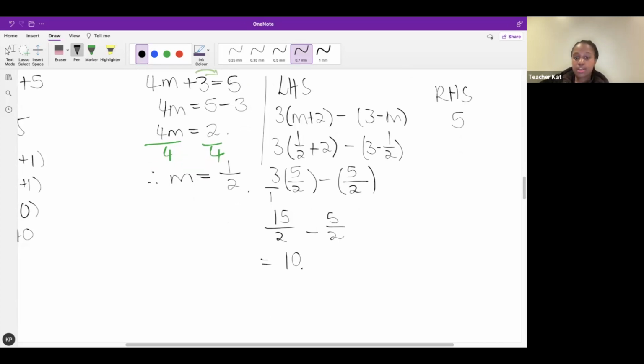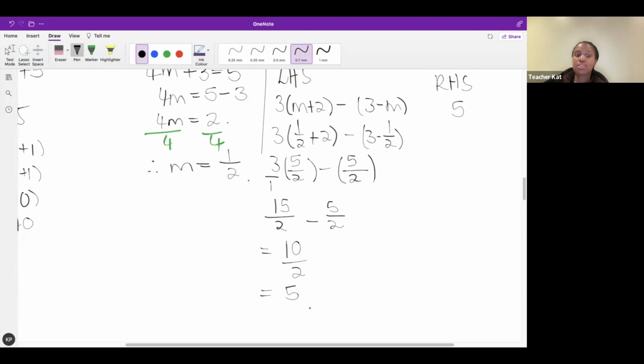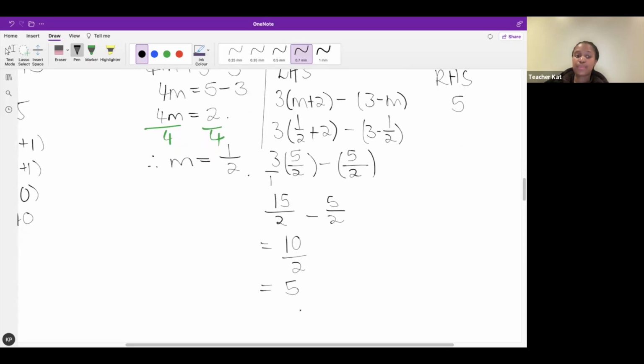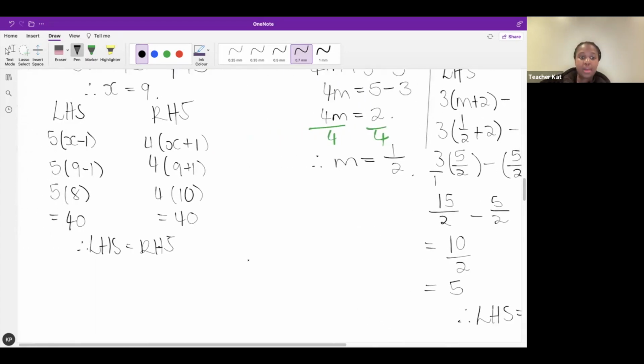Calculators, that is 10 over 2. Then we say equals 5. So is my answer correct of a half? Yes, because the left-hand side is equal to the right-hand side. Nice, guys. Great.